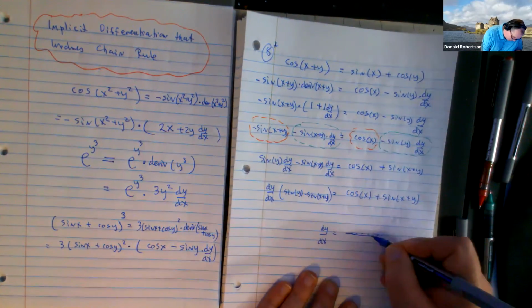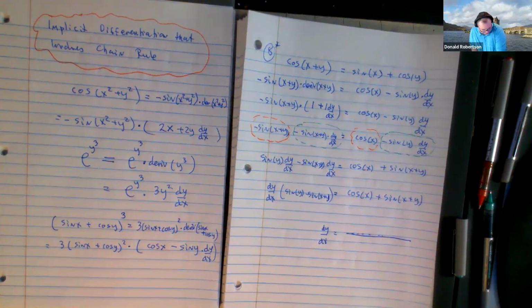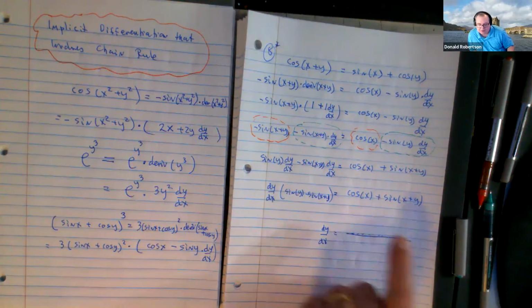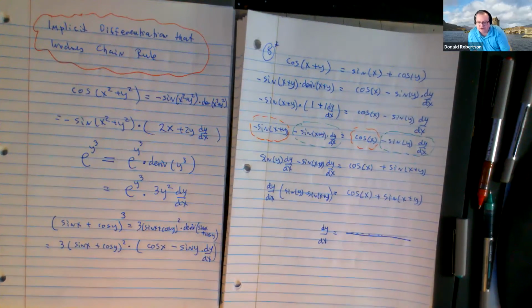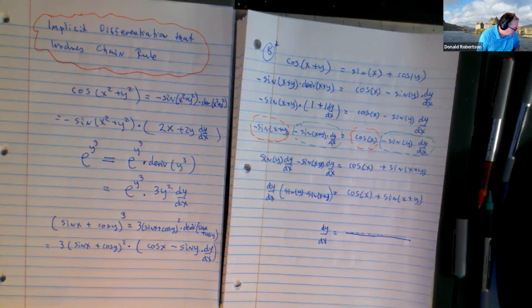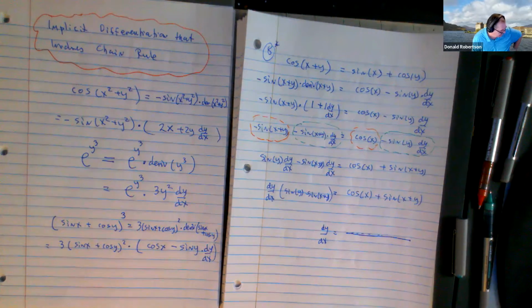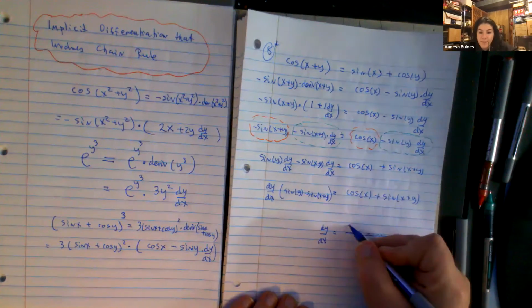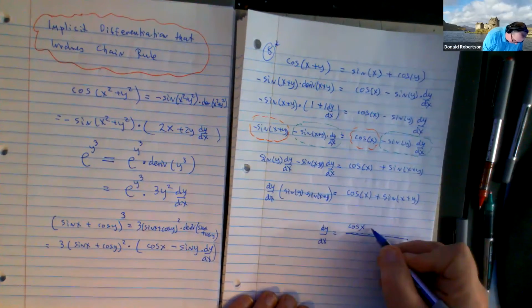What do I need to do to both sides here to find dy by dx? Divide, by that ugly expression.